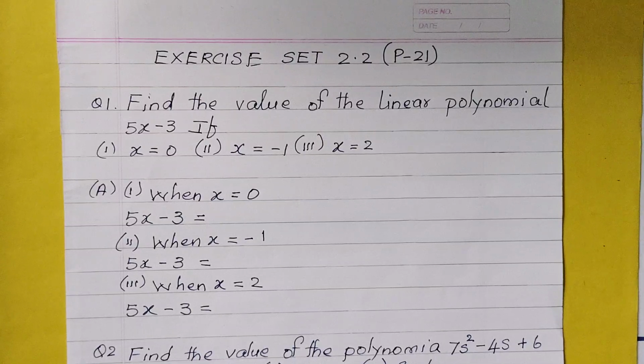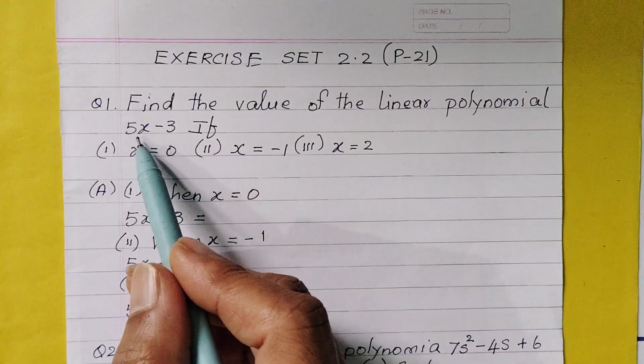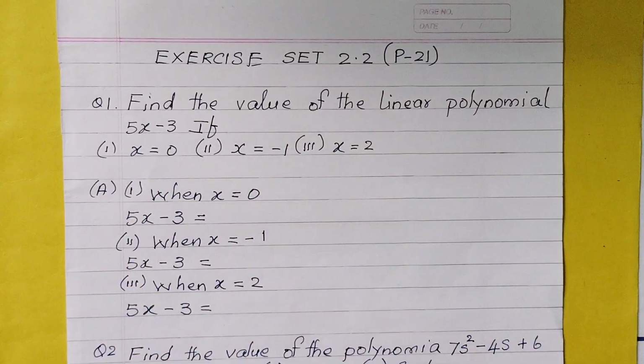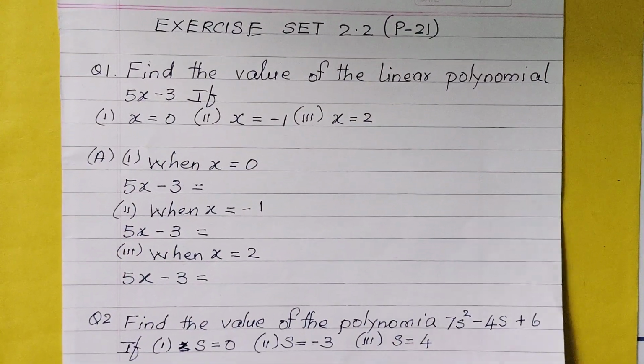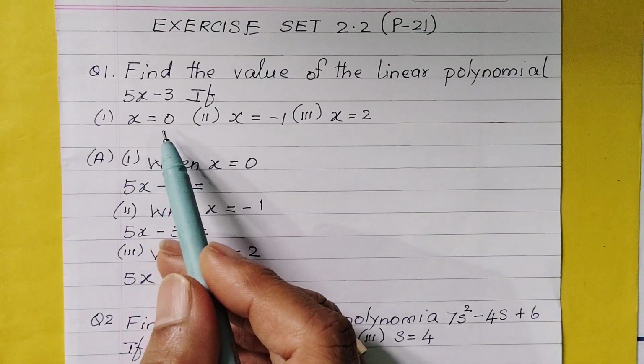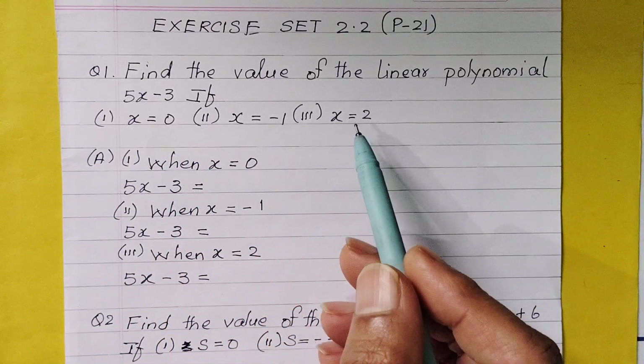Find the value of the linear polynomial 5x minus 3 if x equal to 0, x equal to minus 1, x equal to 2. So they have given a linear polynomial here, 5x minus 3, and they are asking to find the value of the linear polynomial when x equal to 0, minus 1 and 2.